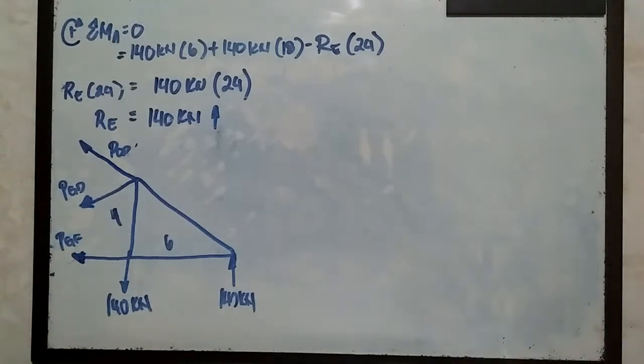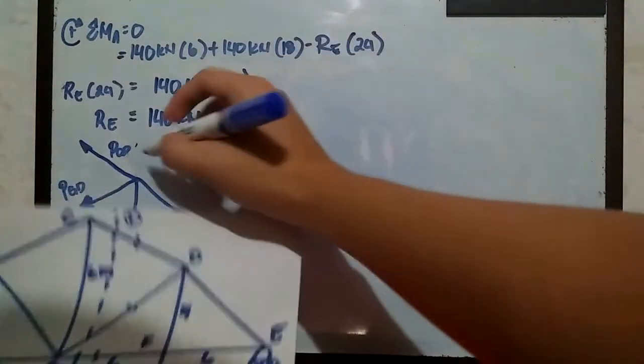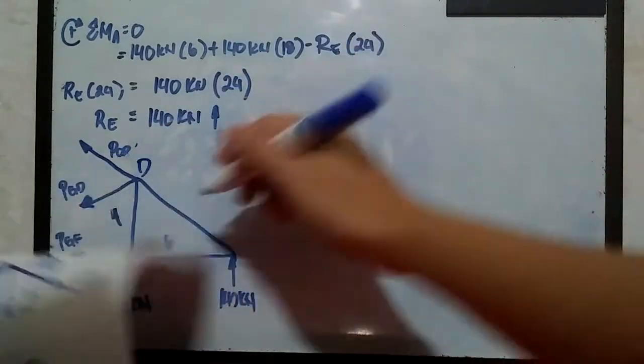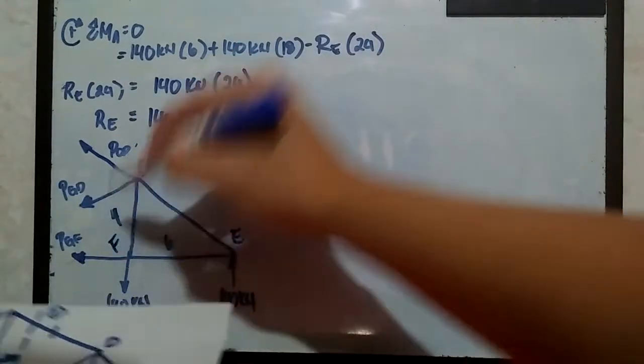I'm going to apply again the summation of moments, but the question is, where is my pivot point? That depends on the problem itself. So let's first assign the points. We have here D and we have here E, so that we don't attain any confusion. We have F for this portion.